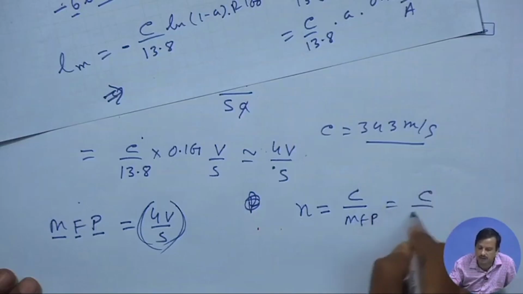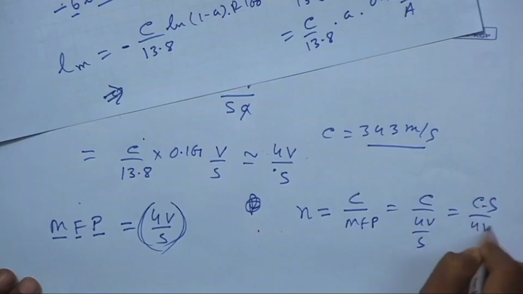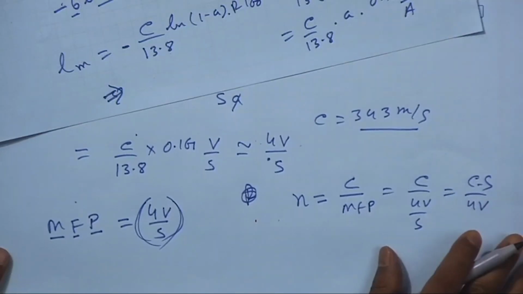So, c by 4 V by S, so c into S by 4 V. V is the volume of the room, c is the velocity of sound, and S is the surface area of the room.